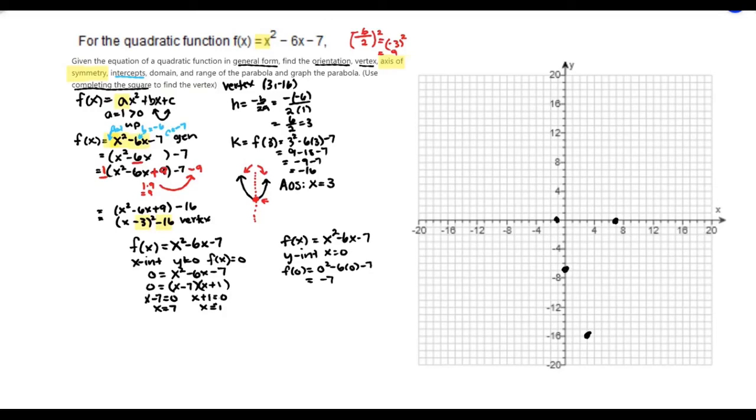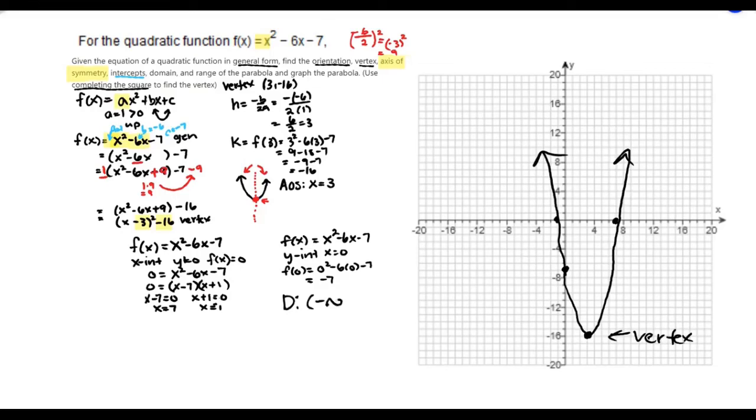And keeping in mind that this point here is the vertex, and the vertex will be a turning point for the function, creating a minimum value in this case, and that gives us the graph of our parabola. And now it's also easy to see what the domain is.